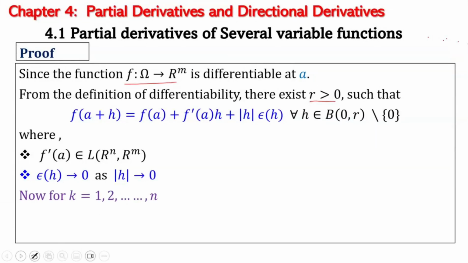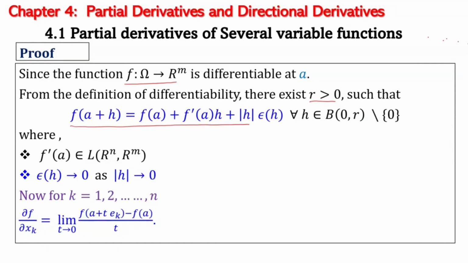Now for k equal 1 to n, we have ∂f/∂xk equal to the limit as t tends to 0 of f(a+t e_k) minus f(a) over t. This is from the definition of differentiability of a function, and we have that f'(a) is linear from Rn to Rm, and this epsilon(h) goes to 0 when absolute value of h tends to 0.